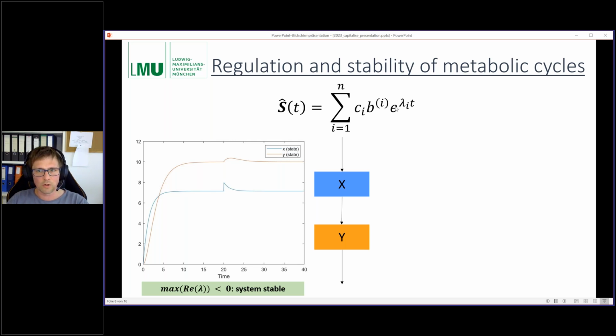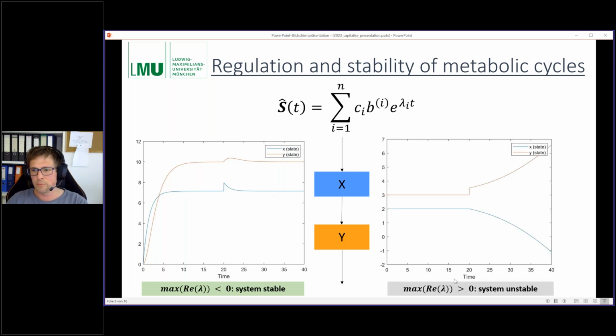We can characterize this by negative eigenvalues, because those negative eigenvalues lead to a decline of this exponential function, which indicates an asymptotic value. On the other hand, if you have eigenvalues with a positive real part, then you typically observe a system behavior like that.